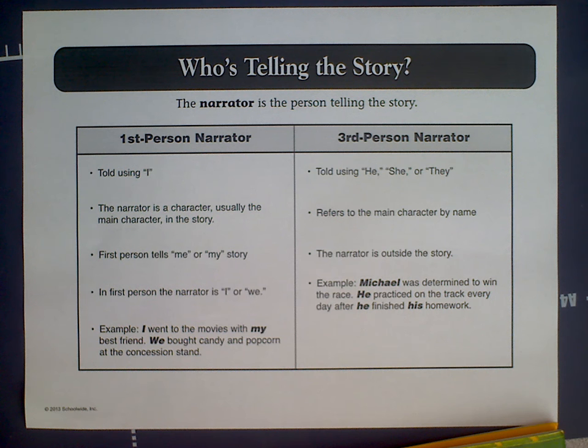We readers rely on this person to tell us everything we need to know about the story. For example, if you were to tell me about your favorite movie, you would tell me using the names of all the characters or calling the characters he or she. As we read today, let's identify our narrator.